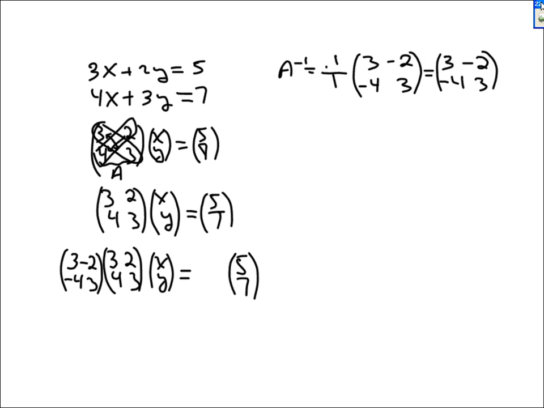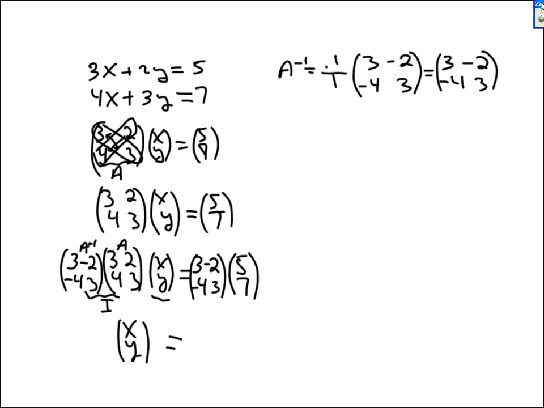I take the given matrix, and on the left I multiply by 3, -2, -4, 3. By design, if this is A, well, that's A inverse. By design, this product is identity. And the identity times xy is just xy. The left-hand side right now is xy.